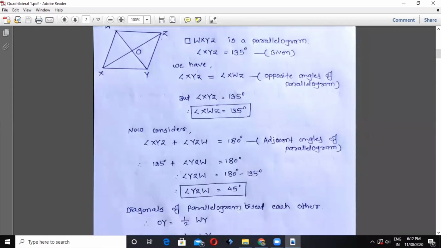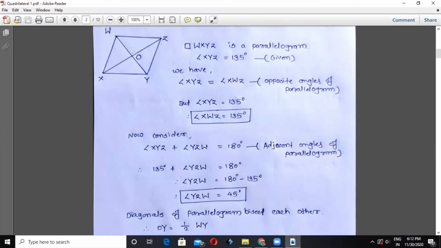Now it's given that OY is 5 centimeters and from that we have to find the length of WY. To solve this, we have to use another property, that is, diagonals of a parallelogram bisect each other. That means here point O makes two equal parts of diagonal WY. That is, WO is congruent with OY.